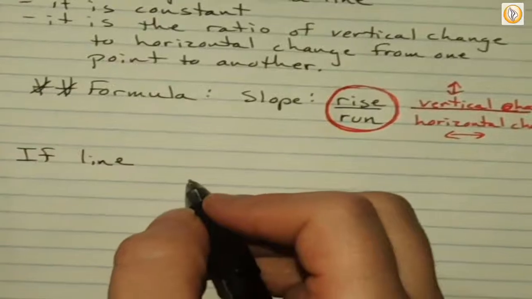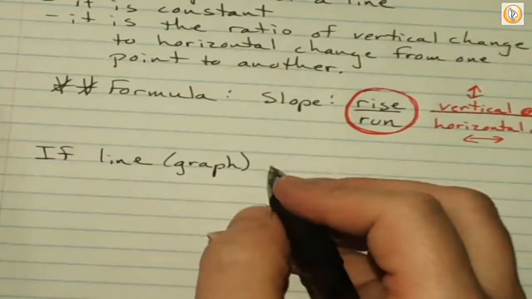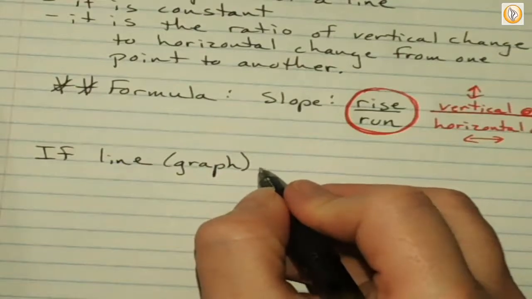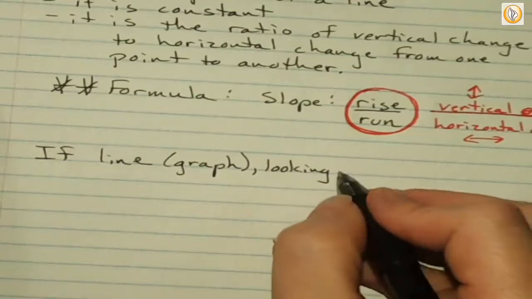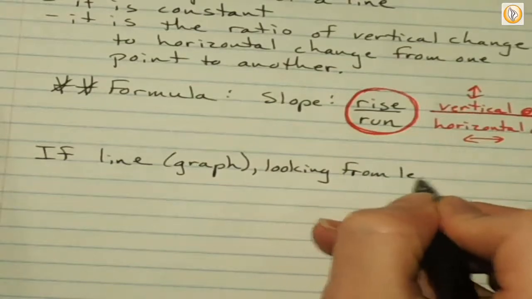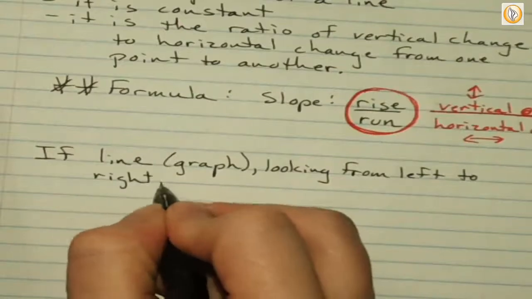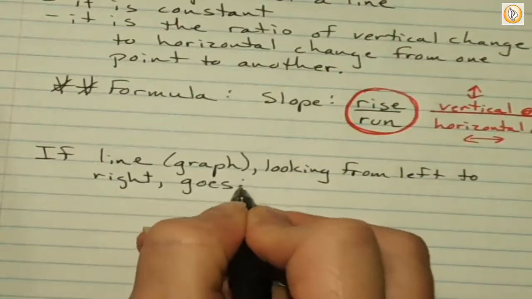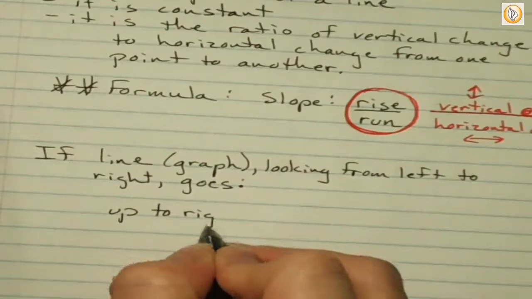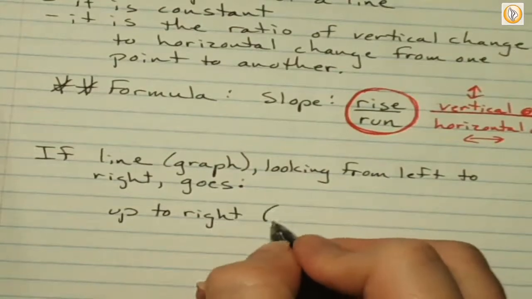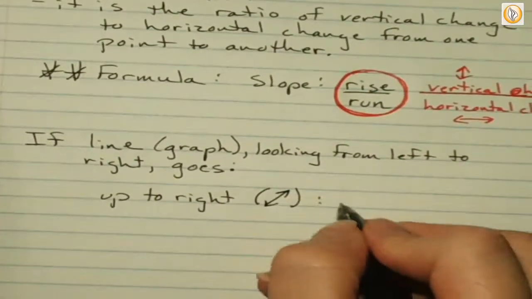If your graph, looking from left to right, goes up to the right, if it looks like that, it's positive.